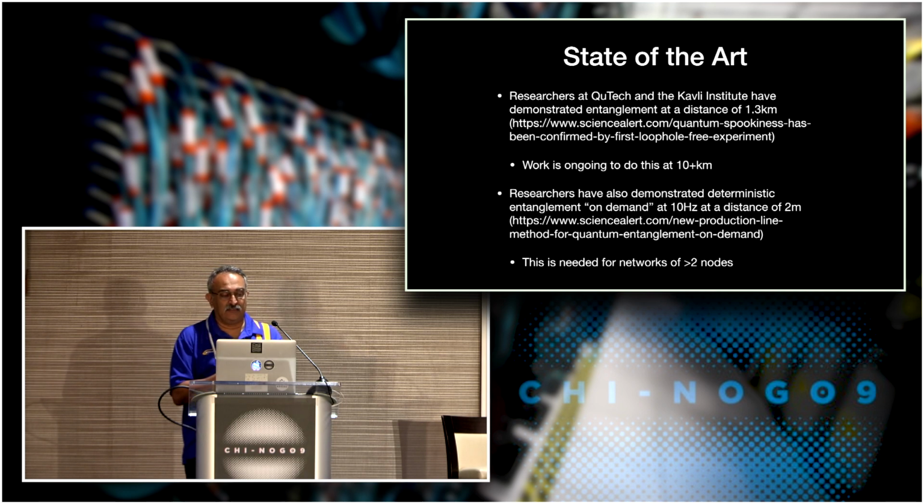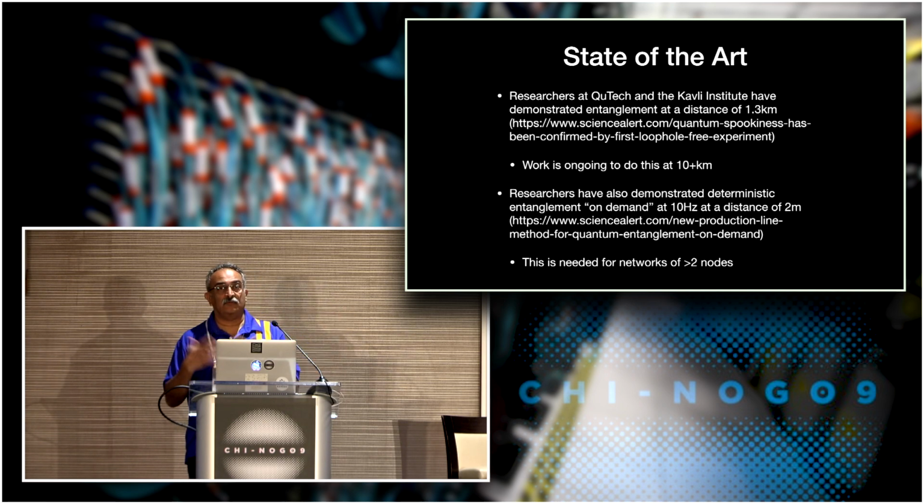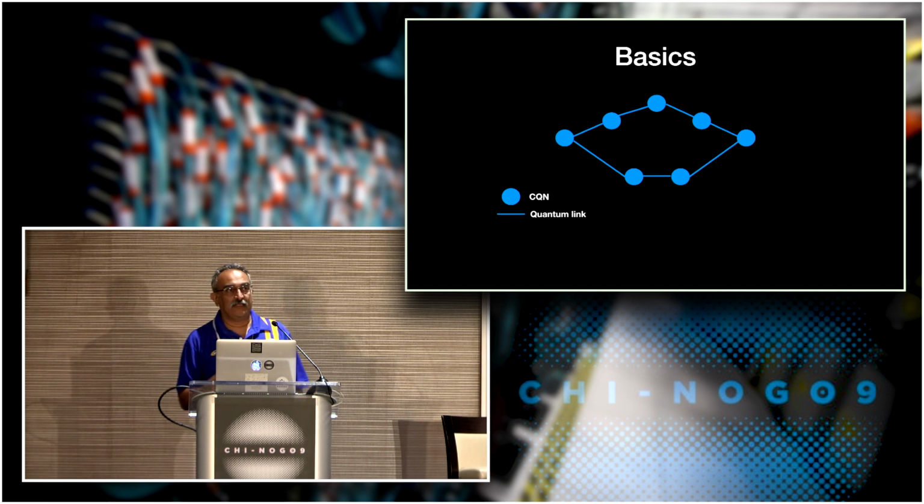So the third bullet here is deterministic entanglement, which is not that you're absolutely sure, but it comes up with high enough probability that you can try to have entanglement between A and B, and then between B and C, and then you can parlay that into an entanglement between A and C. And that's what's important for networking, assuming that you have a network of more than 2 nodes, which most people do.